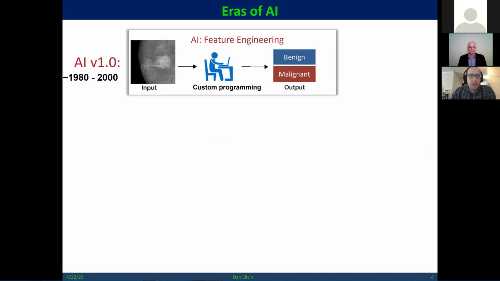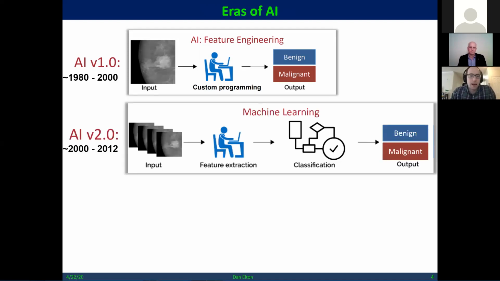So in general terms, there's really been 3 eras of AI. The field of artificial intelligence is actually very old. It started, I think, back in 1964 or 65, and it's gone through a number of phases. One of those phases is what you might call AI 1.0. In AI 1.0, you would have an image, which is your input.